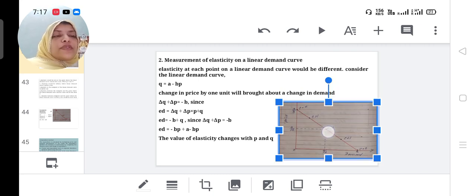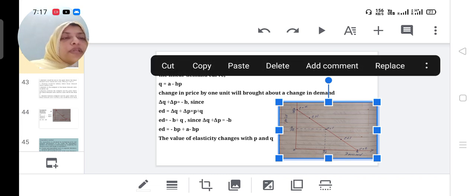Okay, you look into this diagram, there is a downward sloping straight line. At the top, ED is equal to infinity, perfectly elastic. In the middle, it is equal to 1, so at the midpoint it is unitary elastic.